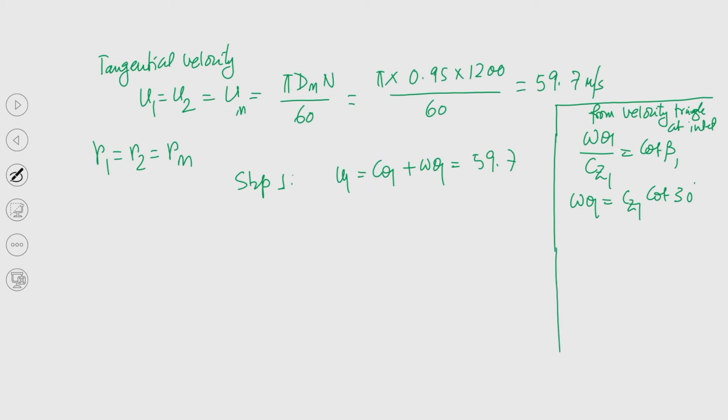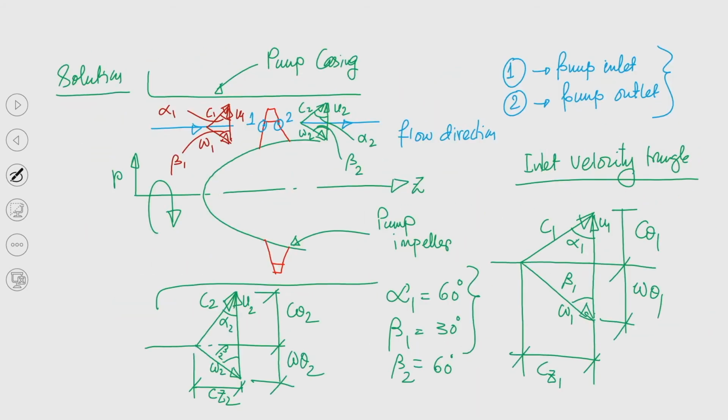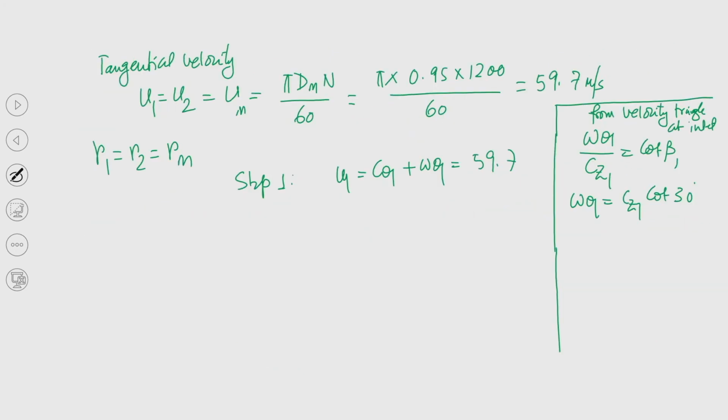Next, what about c theta 1? C theta 1 by c z 1. So, this is c z 1, this is also c z 1, c theta 1 by c z 1, again this is cot alpha 1, right. So, if we write c theta 1 by c z 1 equal to cot alpha 1, okay. So, we can calculate c theta 1 equal to c z 1 cot 60, right.